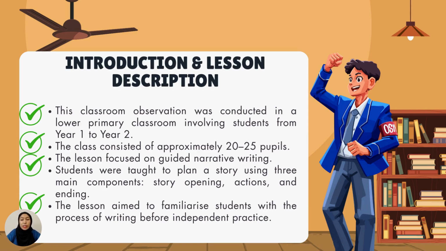What is interesting is that the teacher did not ask students to write it immediately. Instead, the teacher used guided practice and co-construction, where students and the teacher build the story together first, which can reduce the stress and help students to feel supported.